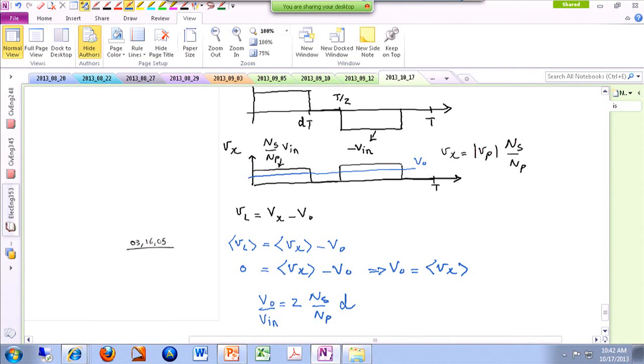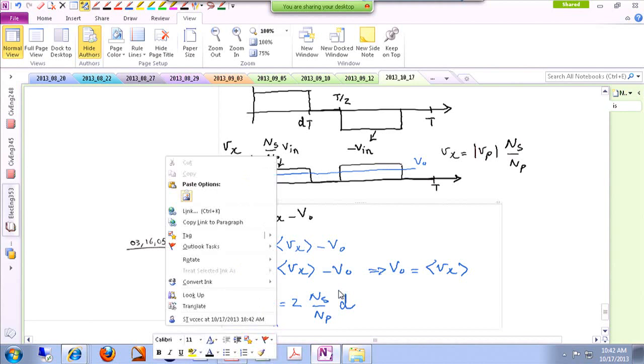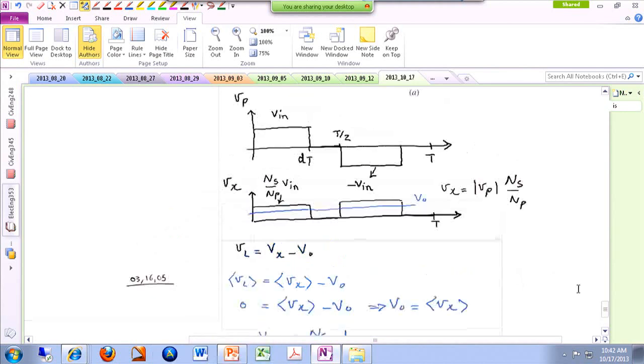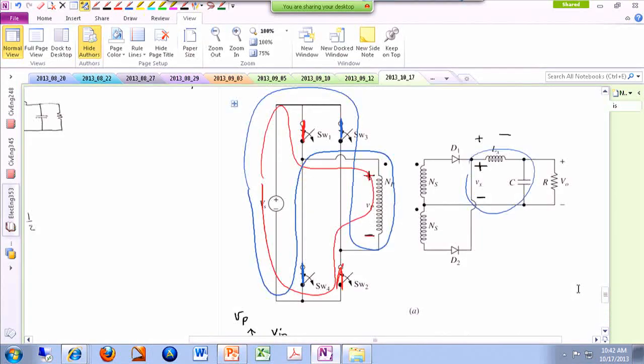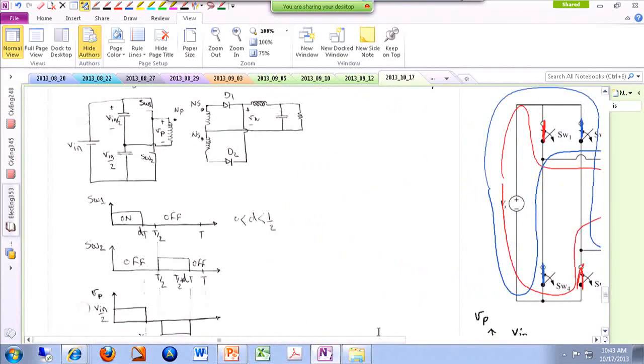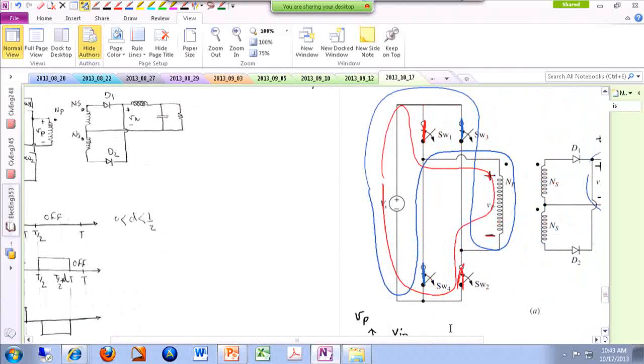So exactly like the push-pull converter, the only difference is on the primary side, instead of using two switches and 2 windings, we are using 1 winding and 4 switches. Okay? So this is the full bridge converter. We convert a DC signal to a symmetric, square-shaped AC signal.